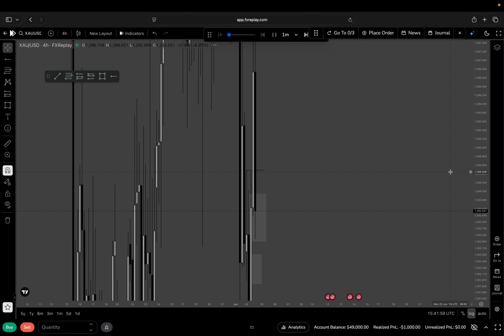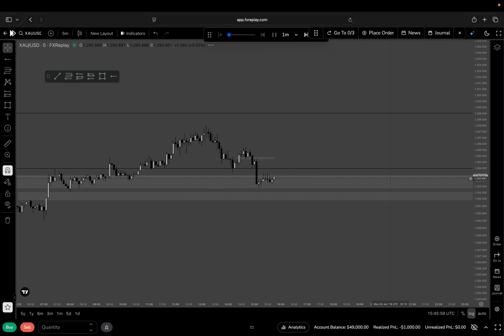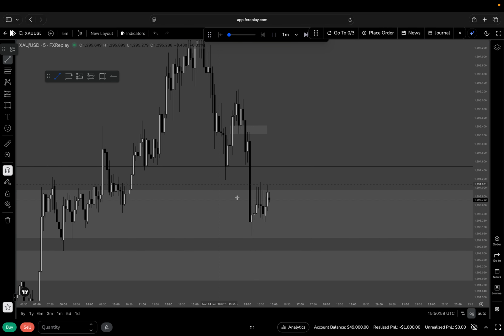It's 4 hours saying, okay, not many POIs on the 4 hour. See if we break this high with some displacement.